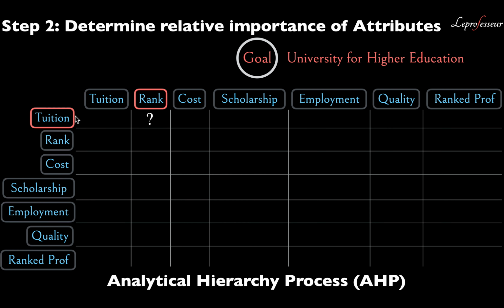What it means is: how important for me is tuition compared to rank with respect to the goal, which means selecting the university? Or in other words, do I give more importance to lower tuition fee as compared to rank, or do I give importance to rank more than tuition fee? For example, if my dad is rich, then I don't have to worry about tuition fee.